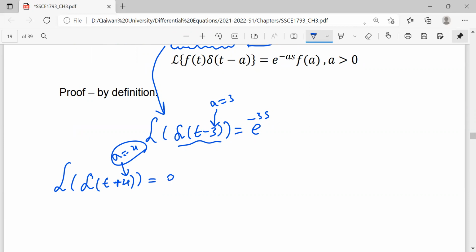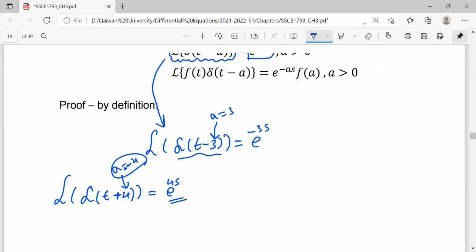It equals e to the power minus as. What's a here? A is minus 4, and it becomes 4s. This is the Laplace transform of that Dirac-Delta function.